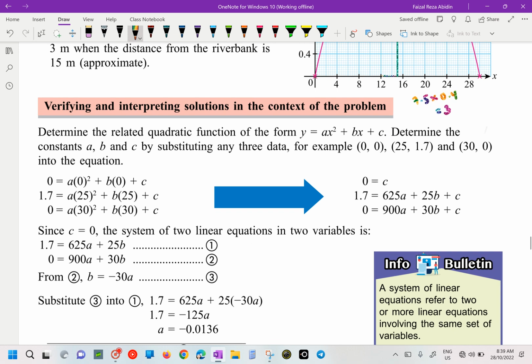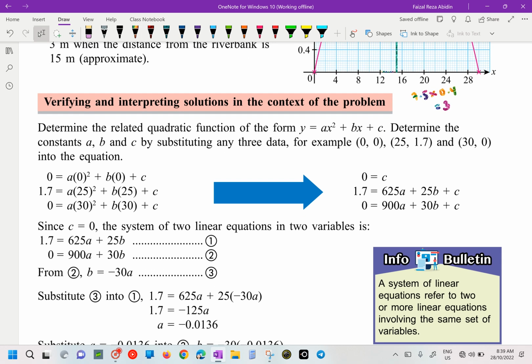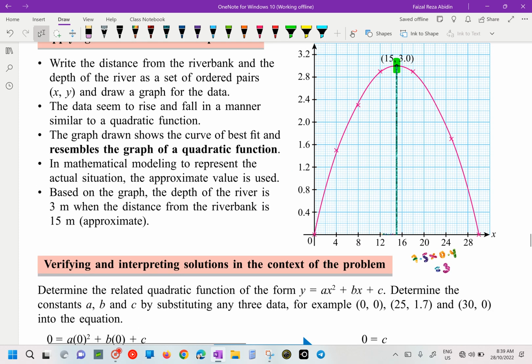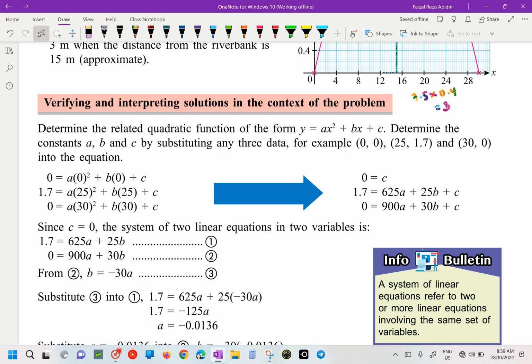This is the formula. Okay, because why? Just now we have what graph over here? Quadratic. So we are using the quadratic function, ax squared plus bx plus c. So where do we have our constants a, b, c over here? We are going to look from the graph.